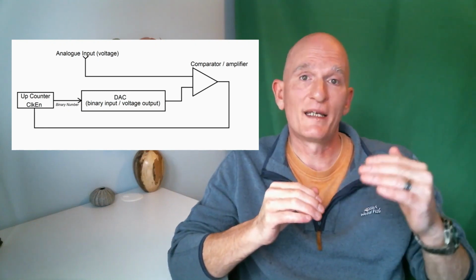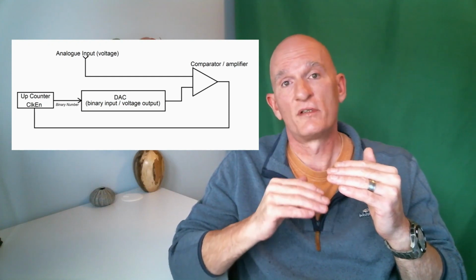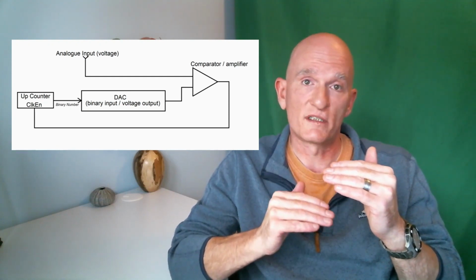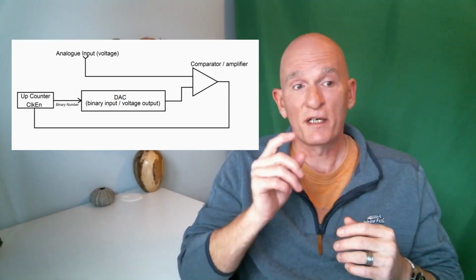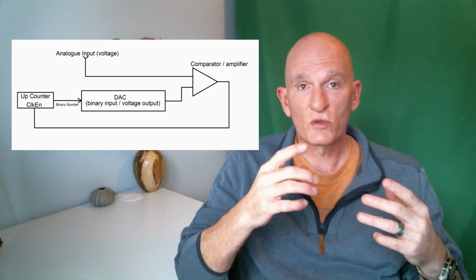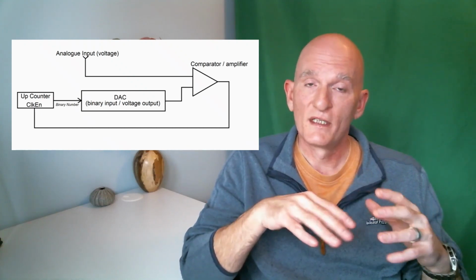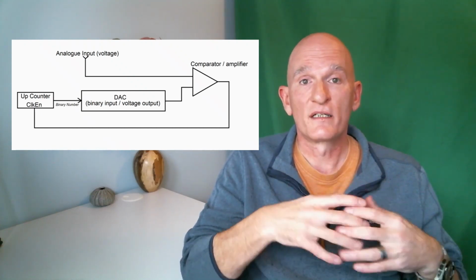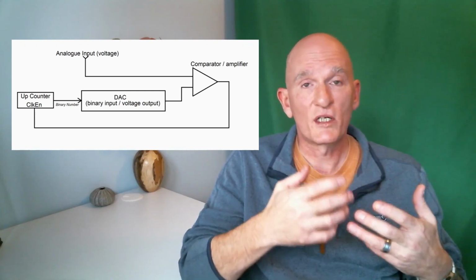Now, depending on what level the analog input is at, at some point the output of the digital to analog converter is going to go past that. When it does, the output of the comparator will change, which will cause the clock enable for the counter to stop. And that is also our trigger to read the up counter for a binary value that equates to the analog level.